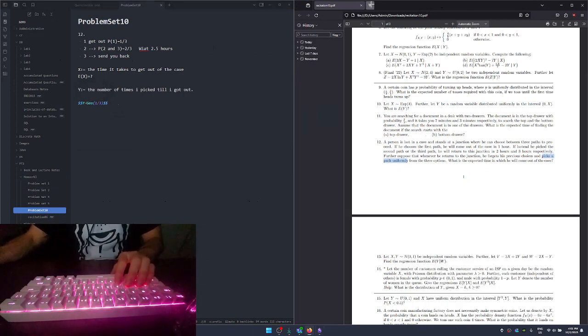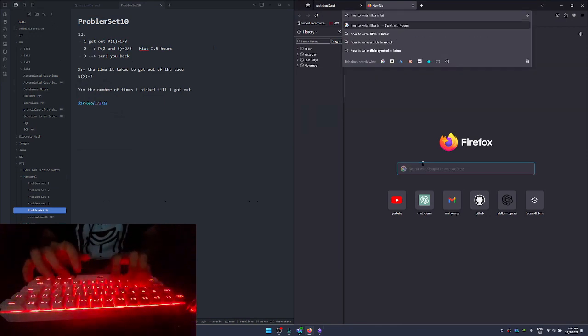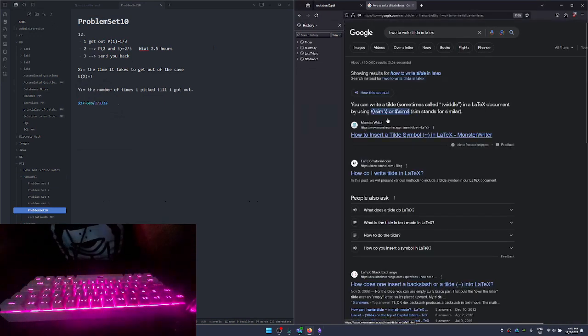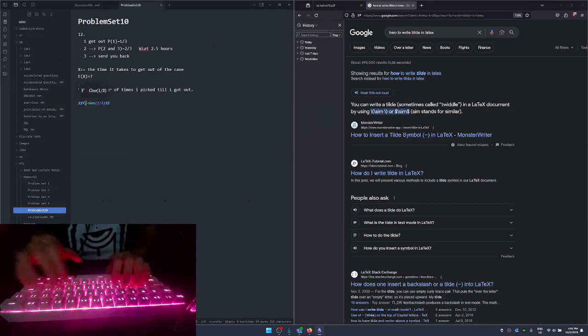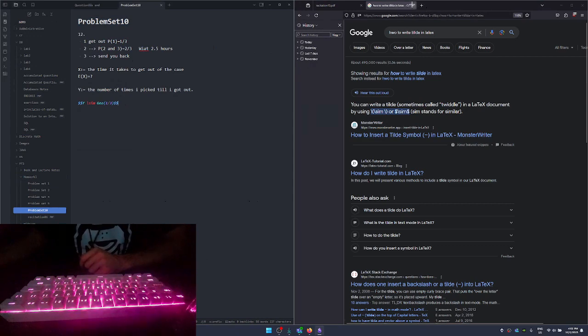Okay, how to write tilde in LaTeX? Very funny. What? Sim. Not good. I hate this auto completion. I need to write sim. I could have just written sim. It auto completes it. Okay.